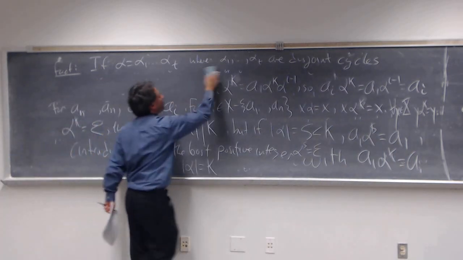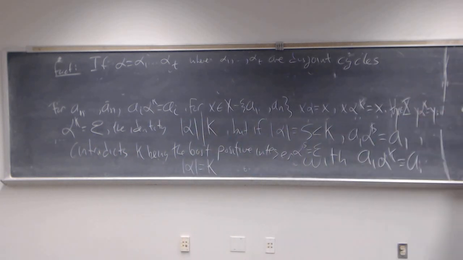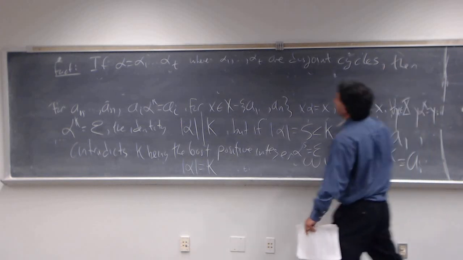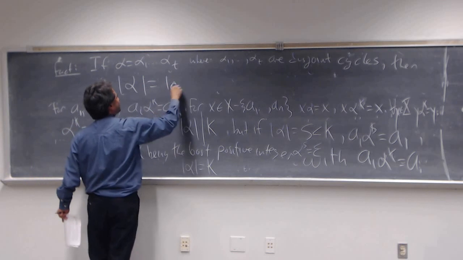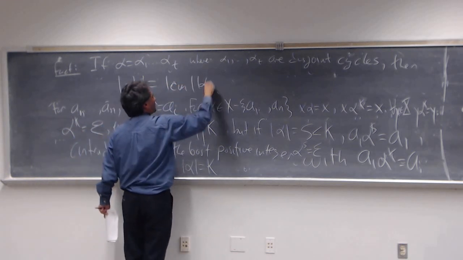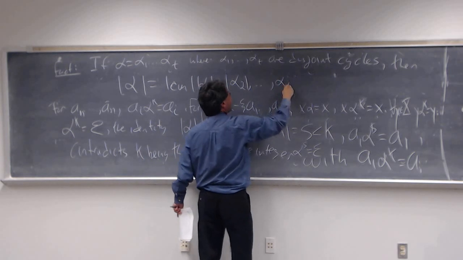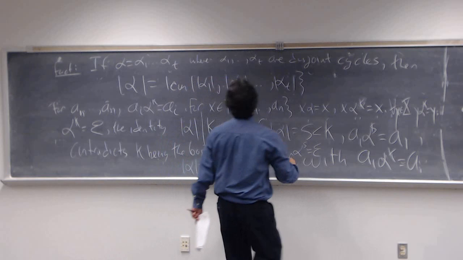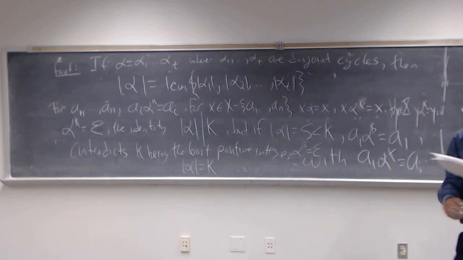Just like if there were two elements, the order of the product would be the least common multiple. If there's t of these elements, the order of this product of all these permutations is just the least common multiple of all the orders of the individual cycles. And the orders of the individual cycles are very easy to get because we just look at the length. So we'll close on that and hopefully we'll pick this up shortly.